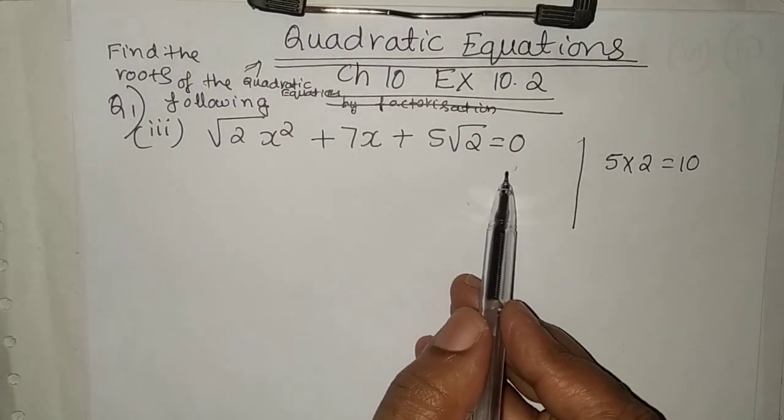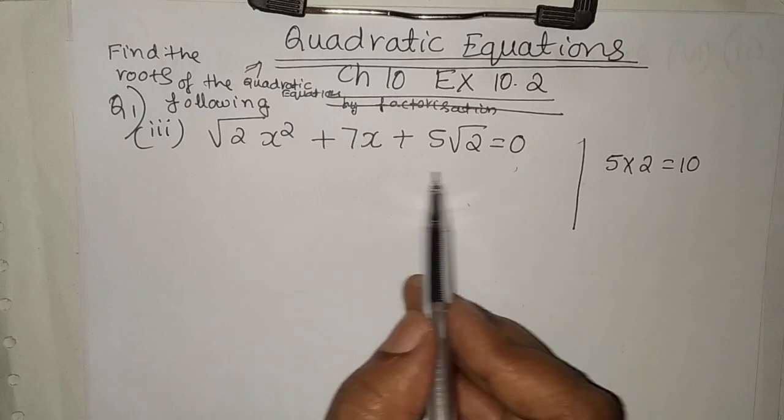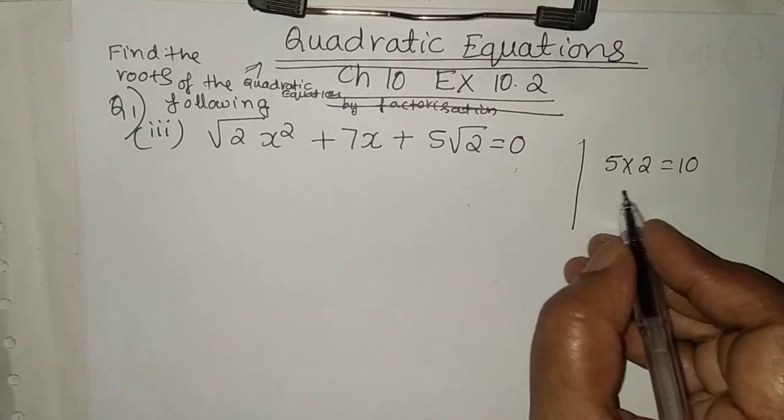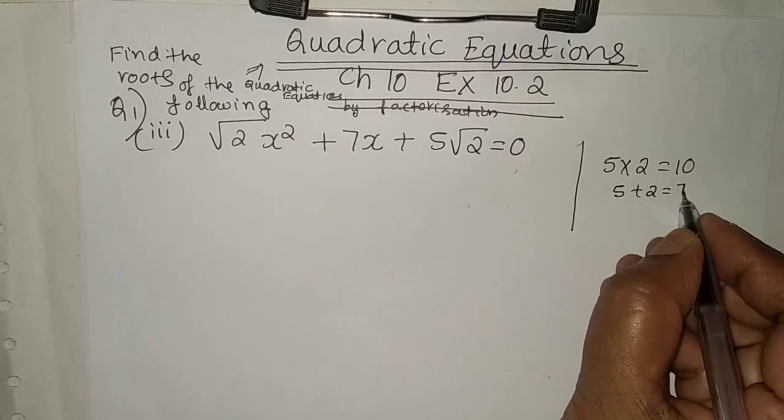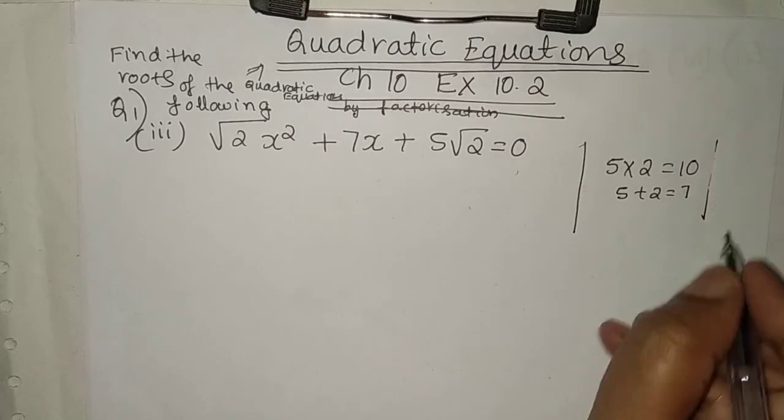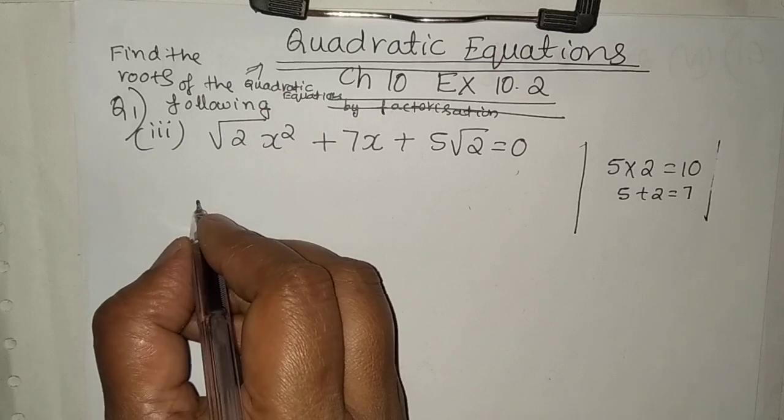So this one is the third sub problem. Given is this one. So 5 into 2 is 10 and 5 plus 2 is equal to 7. We'll apply here.